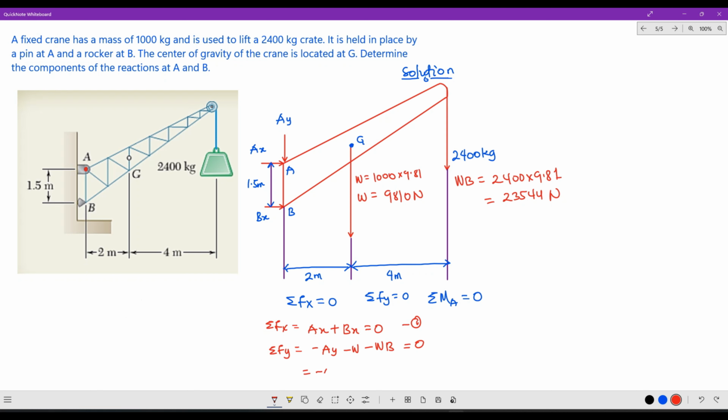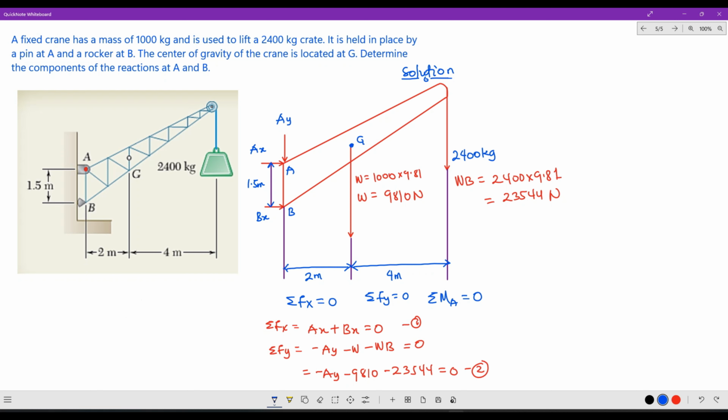So I'm going to have minus Ay, minus 9810, minus 23,544, and all this should be equal to 0. This should be our equation 2.